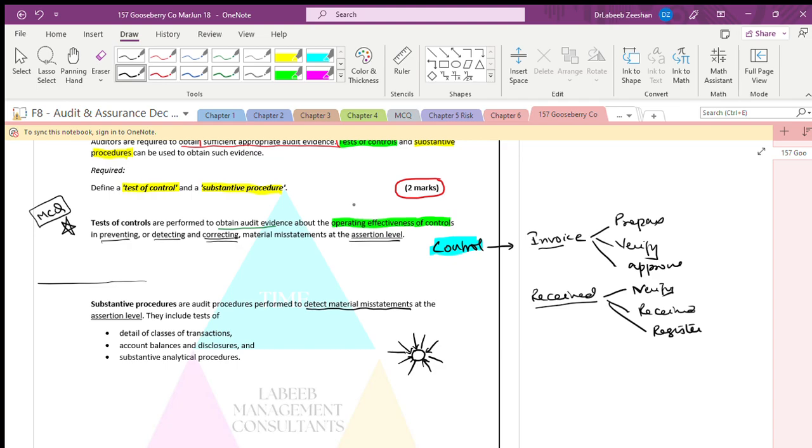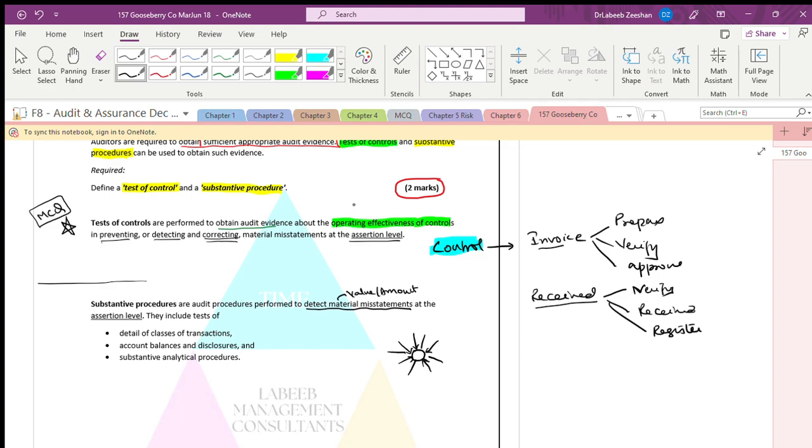Material misstatements means material in terms of what? In terms of value, in terms of amount. That is misstatements at the assertion level. What is the substantive procedure?